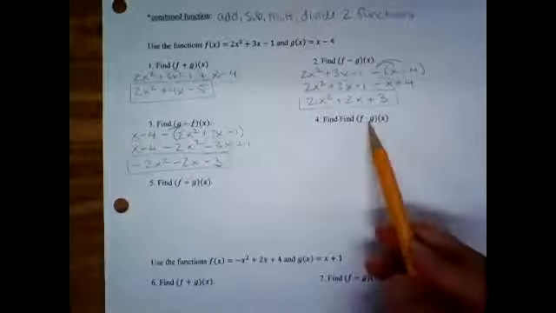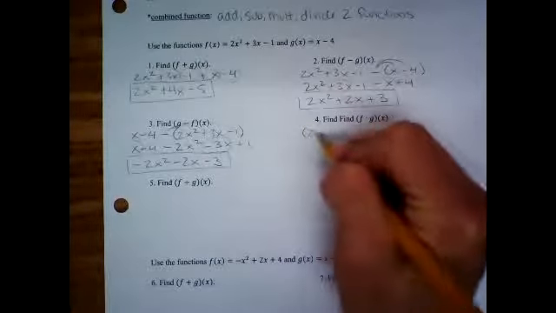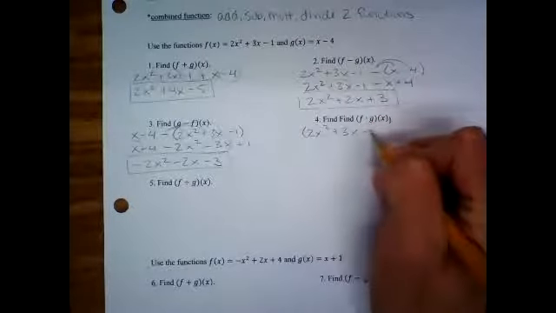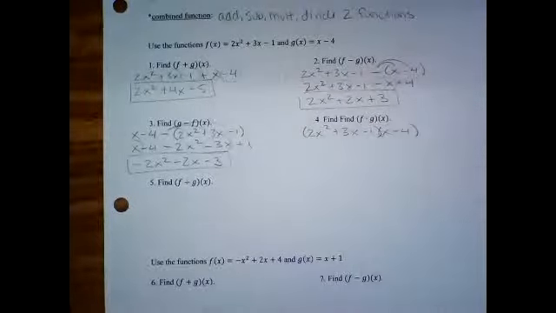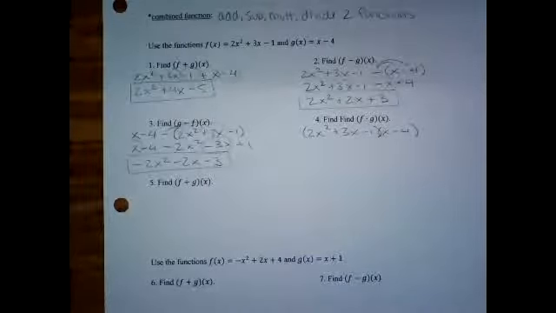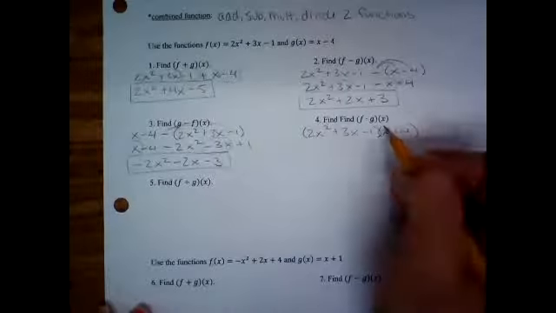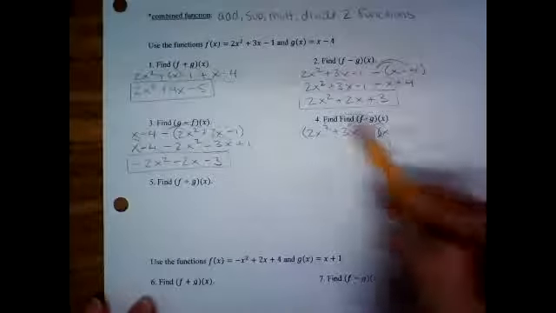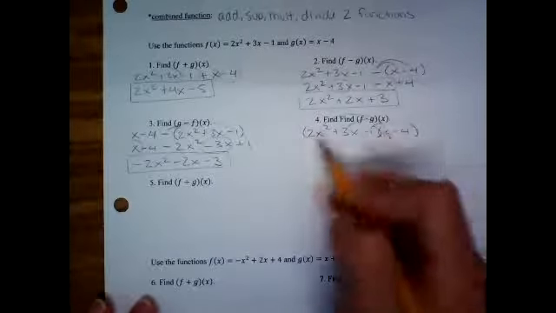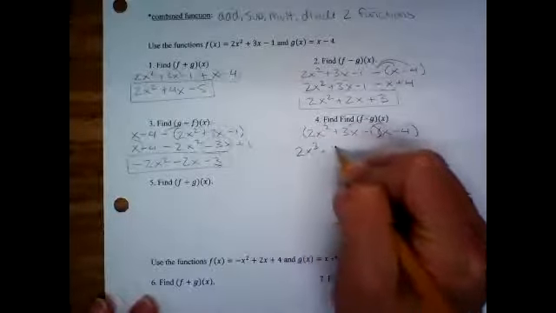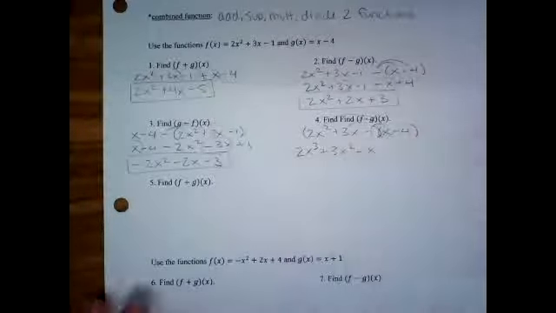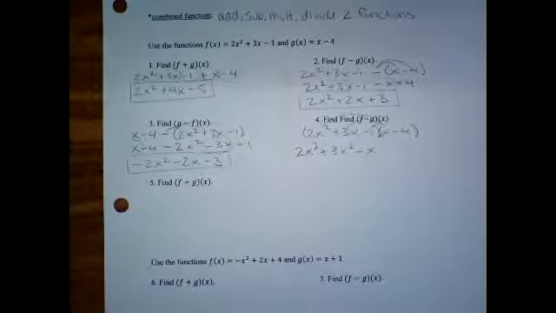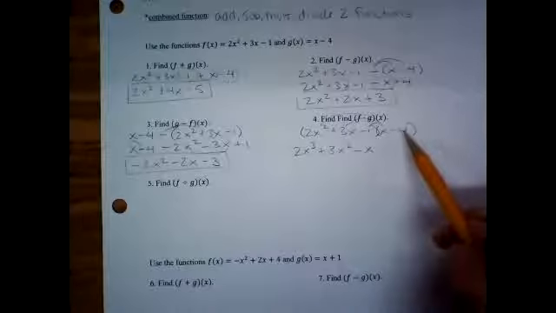All right. And then we have f times g of x. So that means you're going to multiply them together, which is just a lot of distributing. It's another one of those things that's tedious, but not difficult. Okay, so we're going to distribute the x to everybody, and then we'll distribute the -4 to everybody. It's just a bunch of distributing. So this will be 2x cubed plus 3x squared minus x. I just took the x and multiplied it through there. And then we're going to distribute a -4. So just make sure you bring the negative with it.